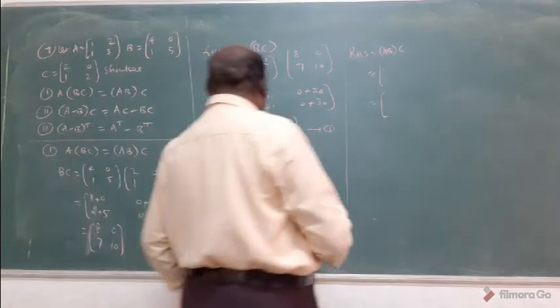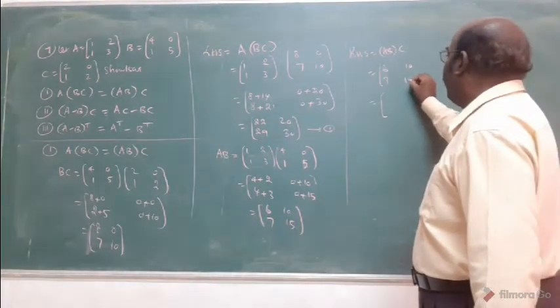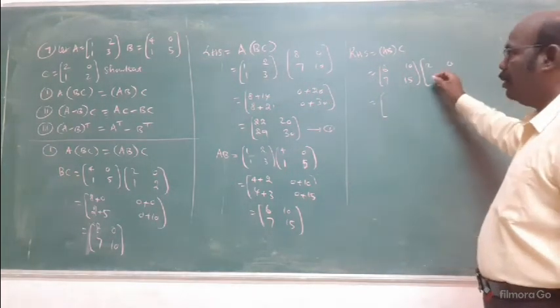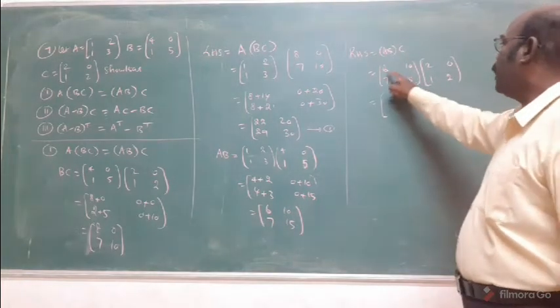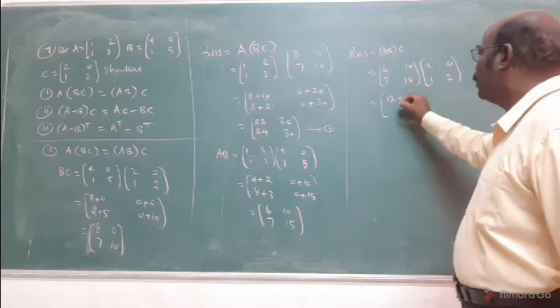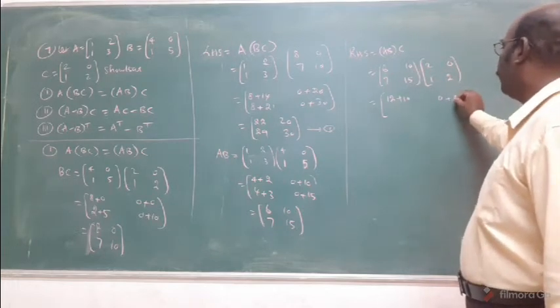Now AB is what? 6 10 7 15. C is what? Already given, 2 0 1 2. Now multiply 6 star equal to 10 plus 10 plus 6 0 is 0 plus 10 plus 20.